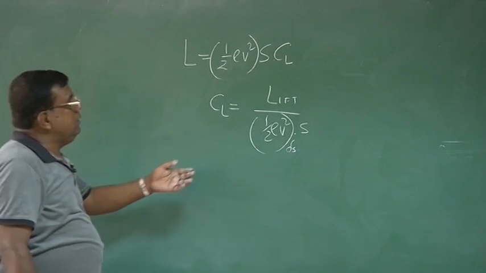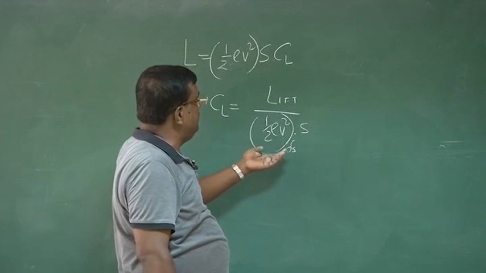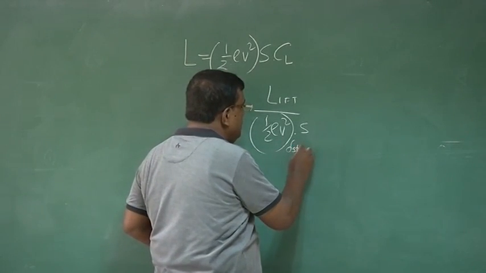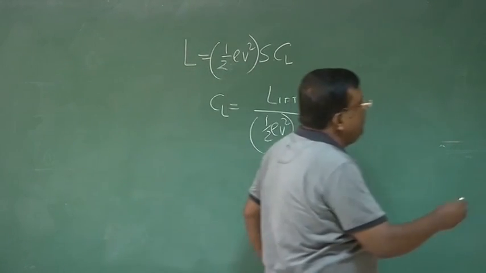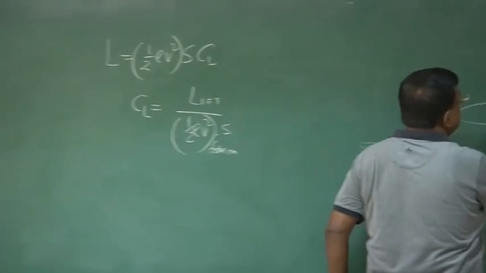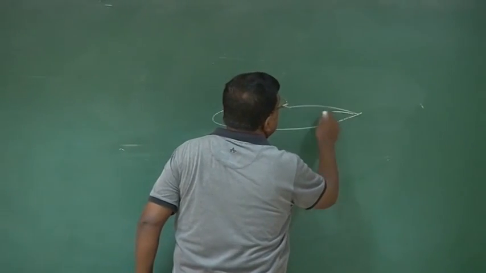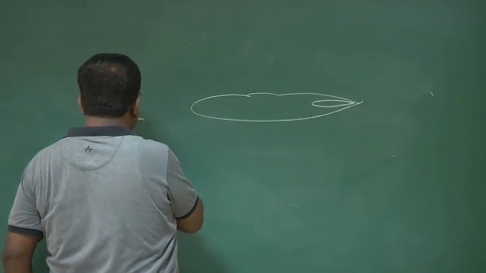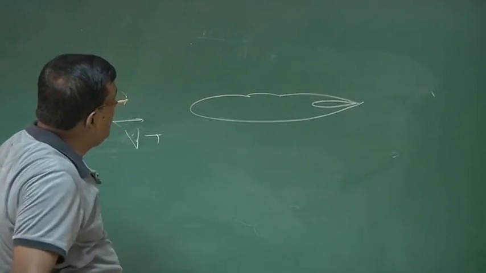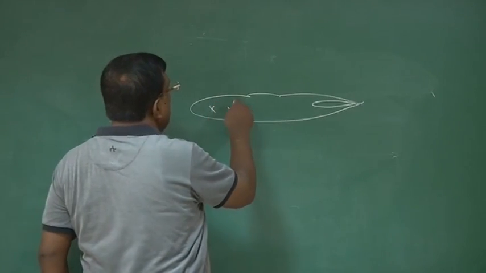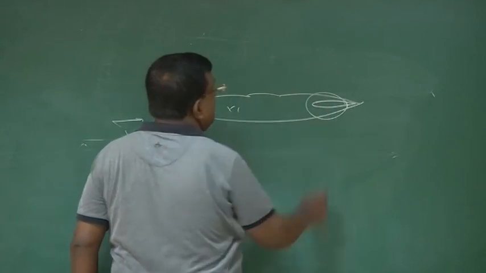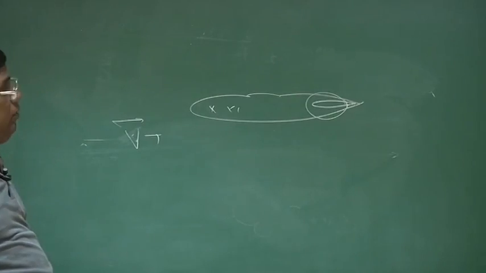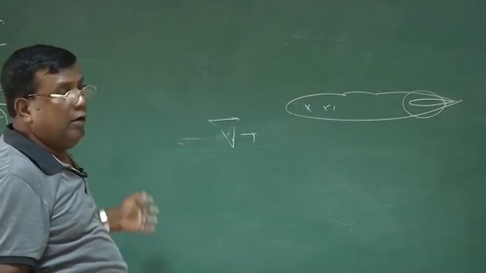This is another observation on free stream dynamic pressure. If I draw an airplane again, if you see a tail here, and this is V, the dynamic pressure here, here, here, and here could be different, because the flow energy might have been lost.